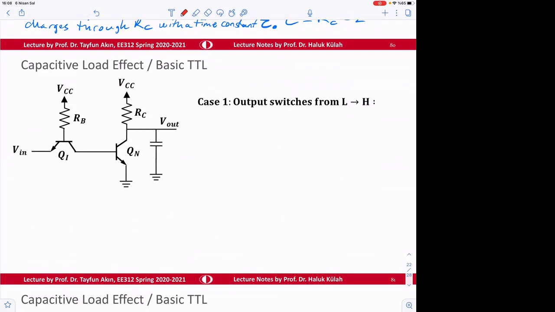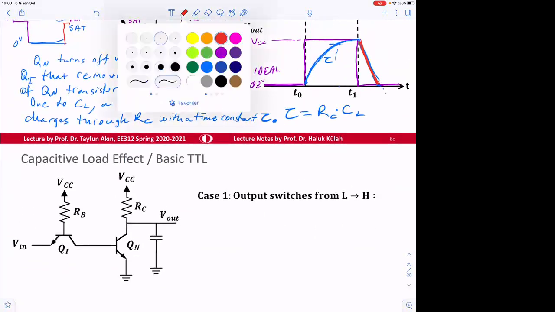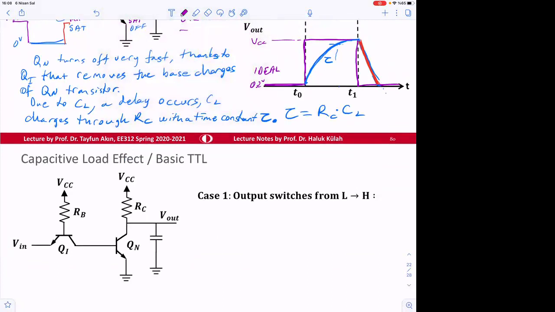Here, if we say that inputs, I mean, I just did this, but let's select the color correctly. So this one was the input. Okay, input. And then input switches to low, to 0.2.